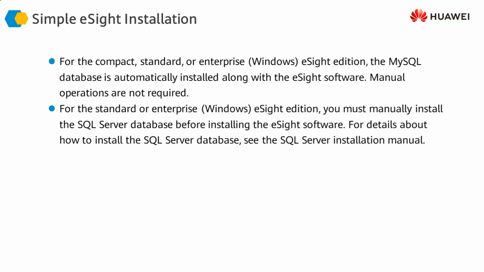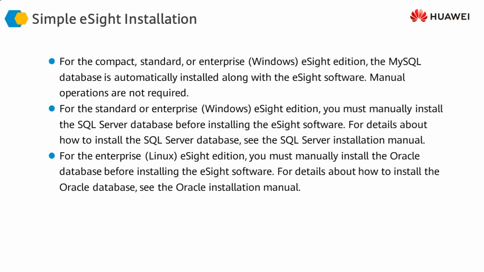This slide highlights a key point regarding the installation. When we are installing the database along with the operating system and the eSite software, if they have been installed together, then it's okay.